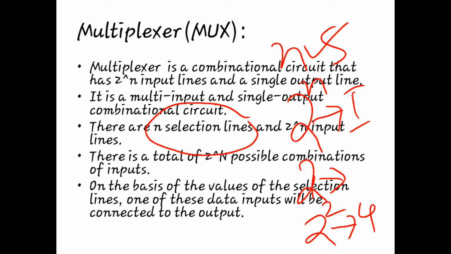a multiplexer is a combinational circuit that has some input lines and a single output line. It's a multi-input and single output combinational circuit category. Along with the multi inputs and the single output, we have the selection lines.